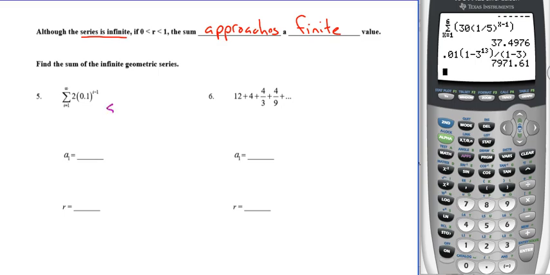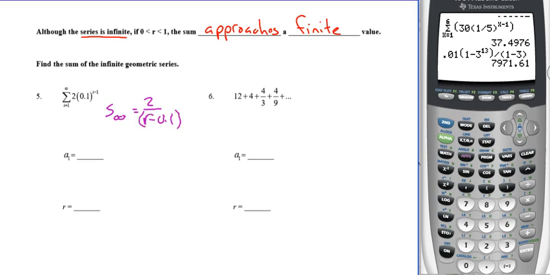We'll say the sum of the infinite series is equal to my A1, which is 2, divided by 1 minus my R, which is 0.1.